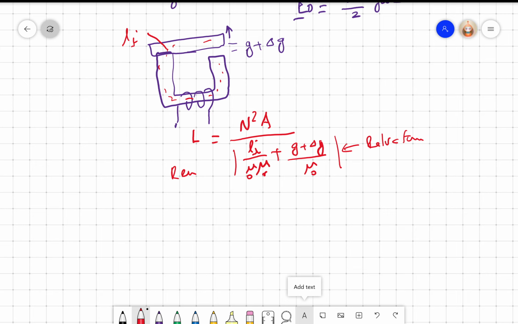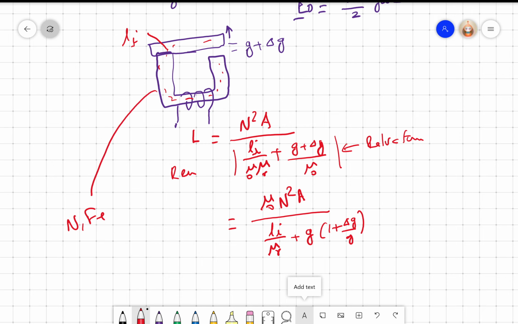Now I can take mu naught N square A divided by Li by mu r plus G into 1 plus delta G by G. Now I can choose mu r if I use the iron to be nickel iron.